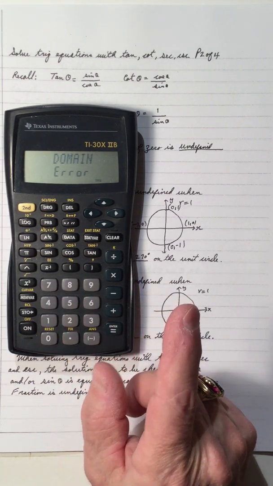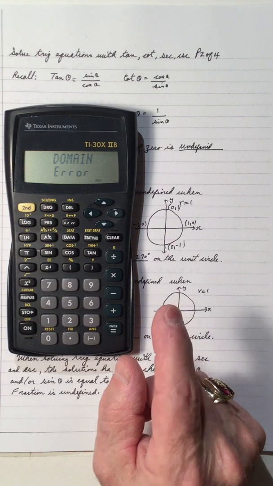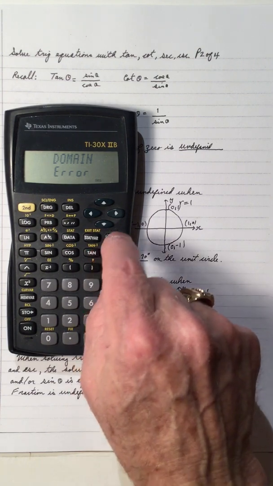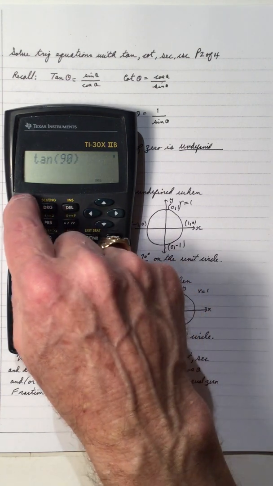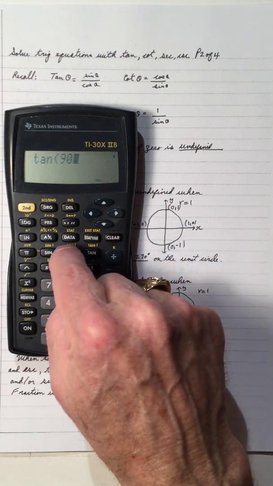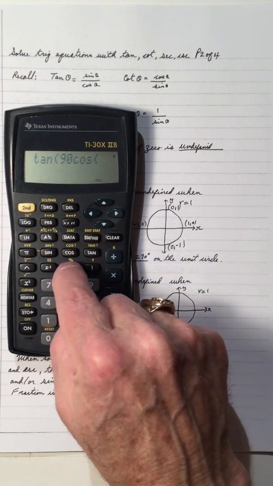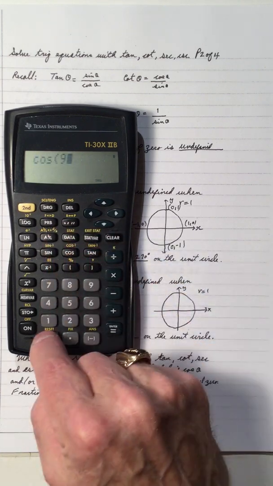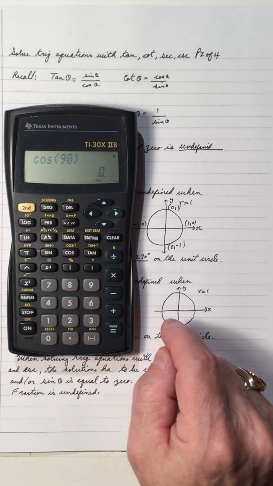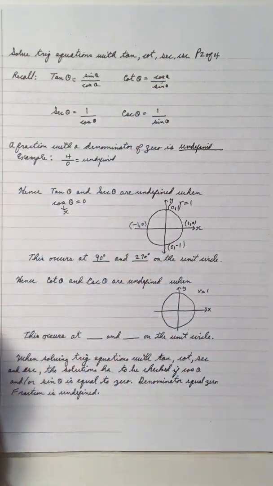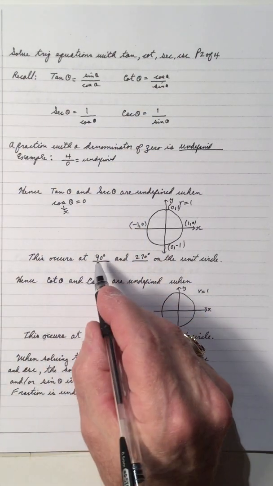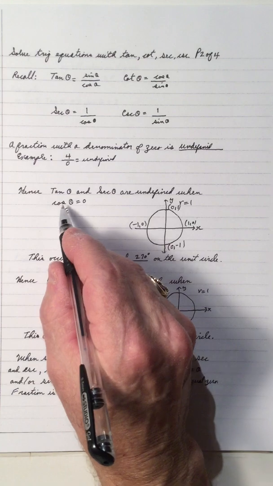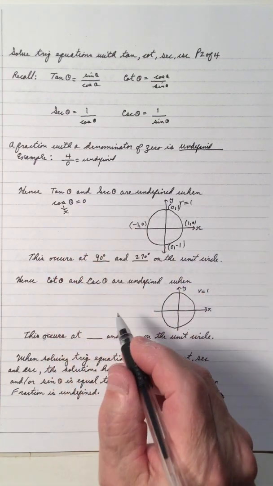Because tan is sine over cosine, let's check the cosine of 90. Clear it. The cosine of 90 is 0. So therefore, tan is undefined at 90 and 270 because cos is equal to 0 and cos is in the bottom.